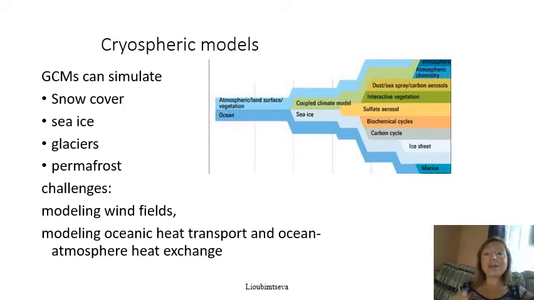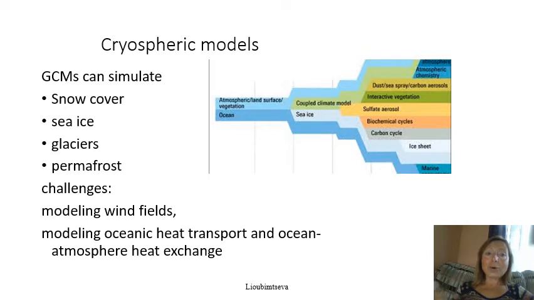And so the cryospheric models are increasingly becoming incorporated into the AOGCM to simulate the processes in the ice, in the sea ice and the glaciers, and of course in the polar caps that are extremely important for our climate system. Those are the changes in albedo, and again the changes in the heat exchange between the atmosphere and ice, the ocean and ice, and the atmosphere and the ocean.